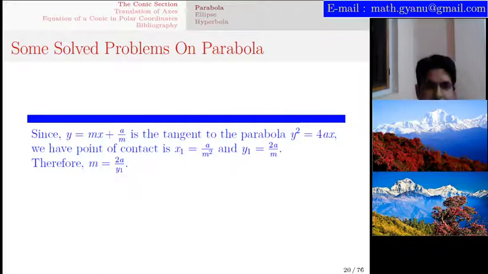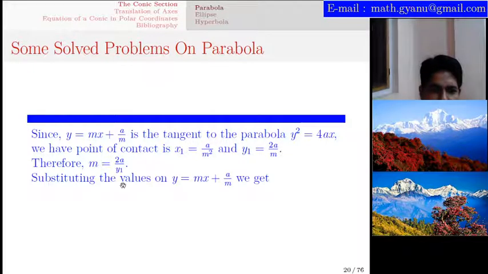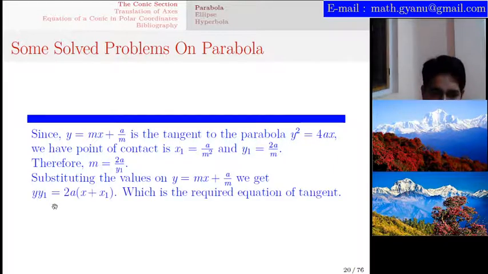Therefore, from y1 equal to 2a by m, you may write m equal to 2a by y1. Substituting this into y equal to mx plus a by m, you put m equal to 2a by y1. Then you will get yy1 equal to 2a times x plus x1.